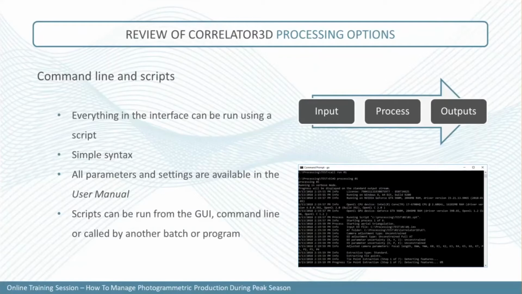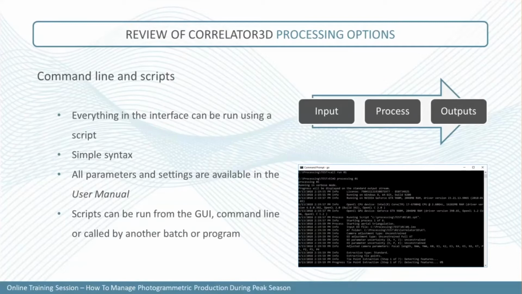Another advantage of using a script is that you can also add other elements that are not related to Correlator 3D. Let's say you want to move some folders or create some directories, or make a folder for your deliverables, everything can be scripted within your bat file, which we will cover later in this presentation.